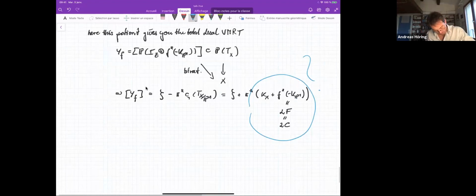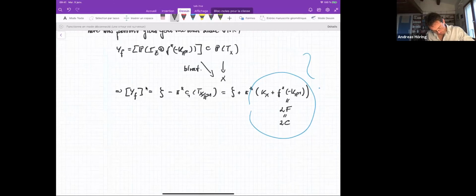Now observe the following. We have this conic, which is a curve. Everything is in P4. So this is a degree 2 curve, and it sits in your surface, which has degree 4. Now what will you do? Again, you take some hyperplane section that contains C, and then what you will get is a residual conic.